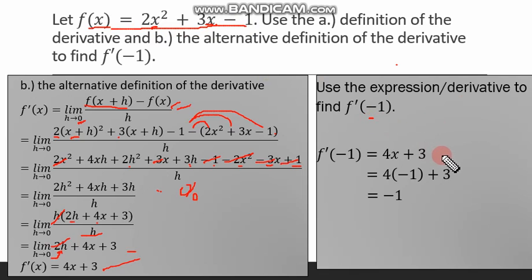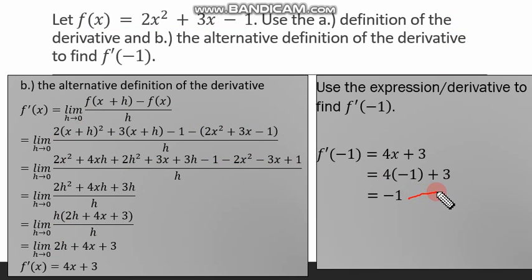Using the expression 4x plus 3, f prime of negative 1 is 4 times negative 1 plus 3. That's negative 4 plus 3, or negative 1. So you can see that the answer is also negative 1 here using the alternative definition of the derivative.